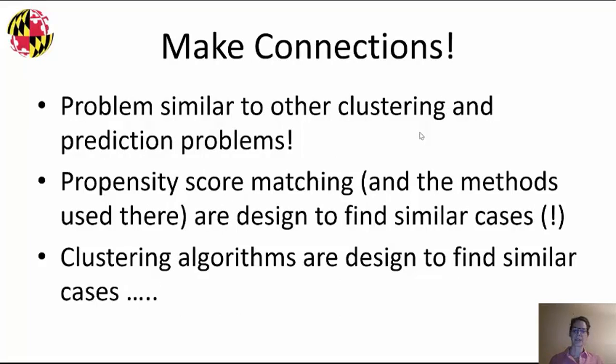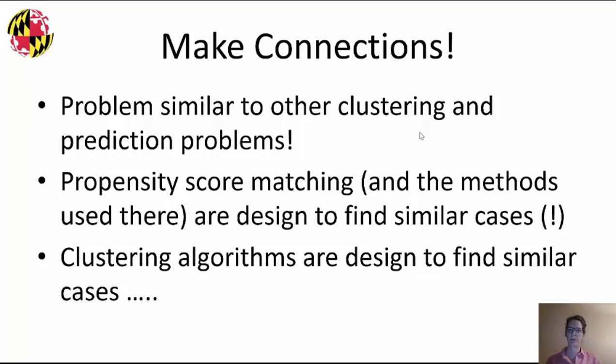Now all of this should ring a bell. The task at hand, finding a similar case, finding a good match, might remind you of other techniques you've seen. Clustering techniques, modeling techniques that solve prediction problems. Actually, even when creating the weights, we've looked at propensity score matching. We tried to find for non-responding cases in the respondent set that are quite similar.